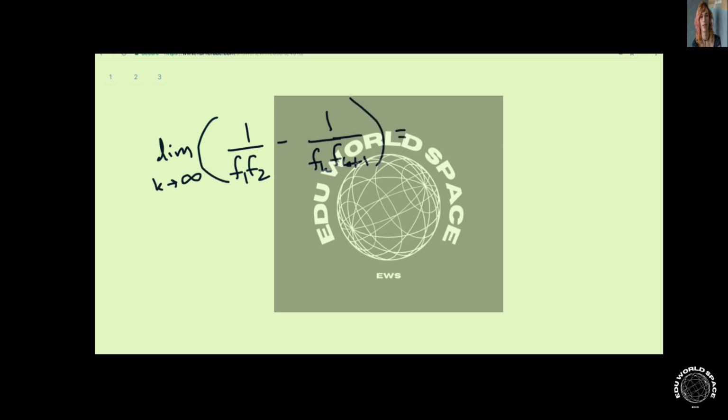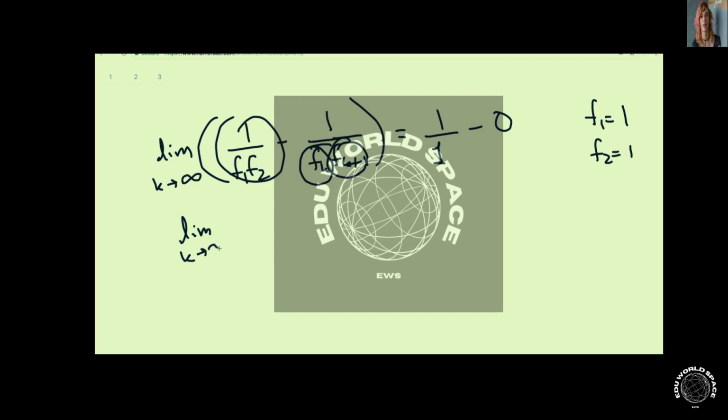Now as k goes to infinity, this is just constant here, and we know that f_1 equals 1 and f_2 equals 1, so we just have 1 over 1 there. But since these terms are both going to infinity and they're in the denominator, we're using the fact here that the Fibonacci numbers do go to infinity.